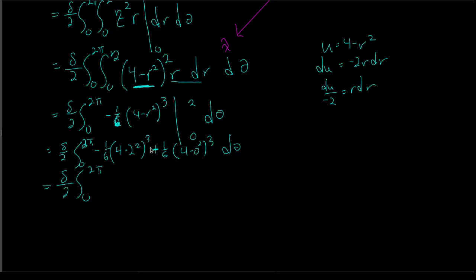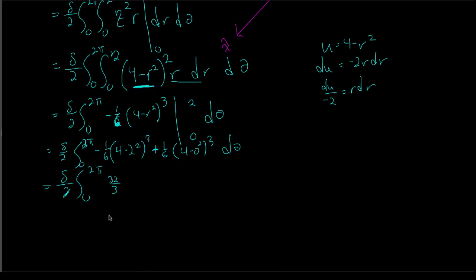And 64/6, divide by 3. No, divide by 2. 32 thirds. 4 cubed, 16, 64/6. 32 thirds.